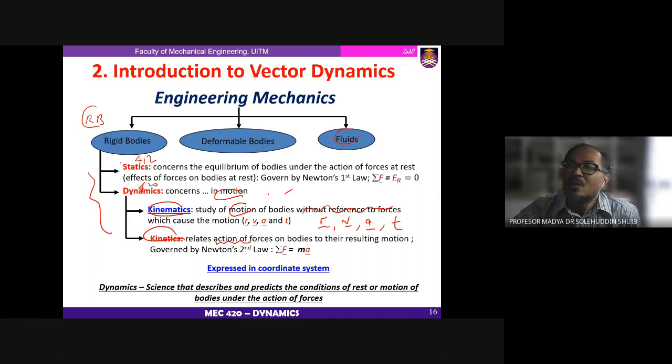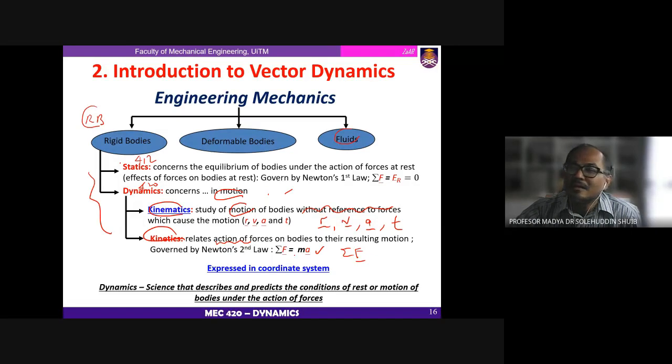Kinetics is governed by different types of laws. The first is Newton's second law. Still remember the summation of force.